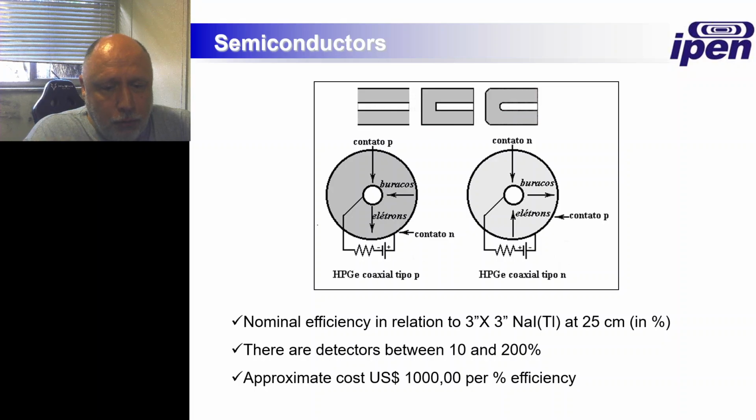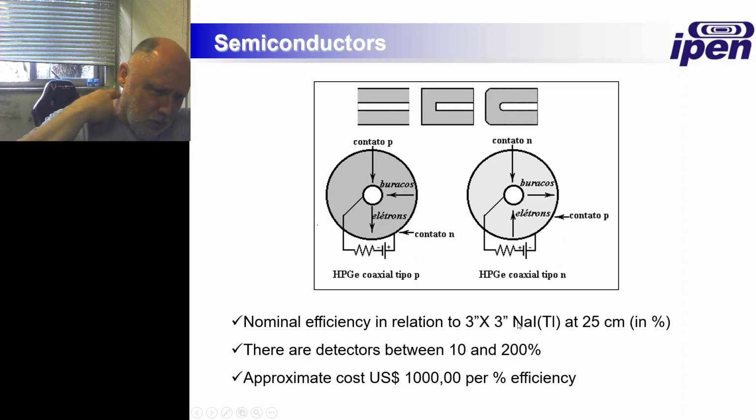No, 25% efficiency means you have 25% of the efficiency of a 3-inch sodium iodide detector, because when they were released, the standard best detector they had was that. So the idea is, how much is your efficiency related to that? So detectors can be between 10% and even 200% efficiency. As I told you, 200% relative to these detectors, not 200% real efficiency.